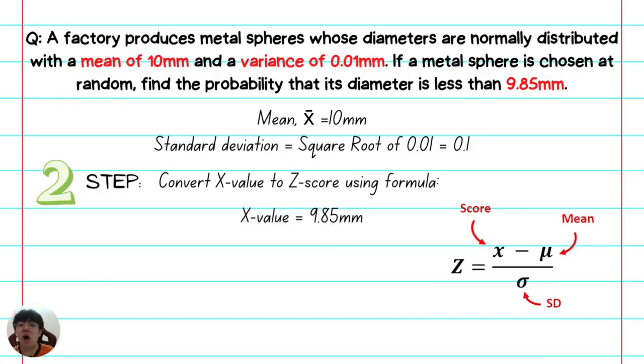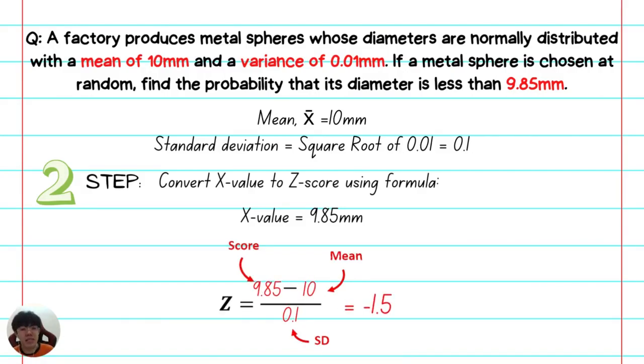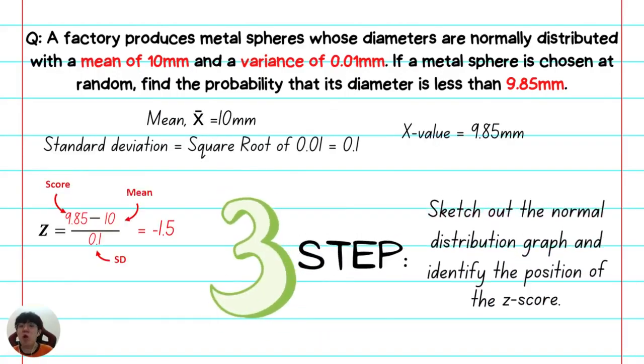Hence, we can substitute all the values that we obtained into the formula. Z equals to x value 9.85 mm minus 10 over 0.1 standard deviation, and then you can get the answer negative 1.5.